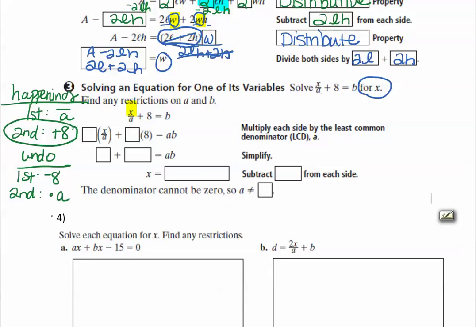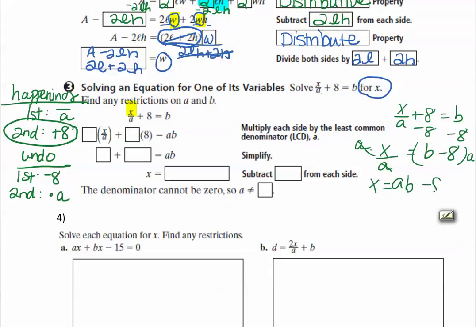That's fine in this case, as long as you multiply everything by a, it'll work. I like my way better, so I'm going to do my way, and then I'll show you theirs. Subtract 8, subtract 8. X over a would be equal to b minus 8. Multiply by a, multiply by a. Just multiply the whole side. And I'm done. I could distribute the a, and get ab minus 8a, and I'm done.